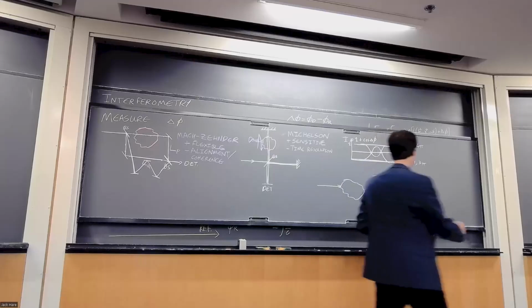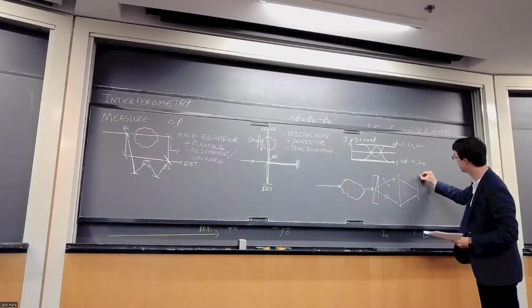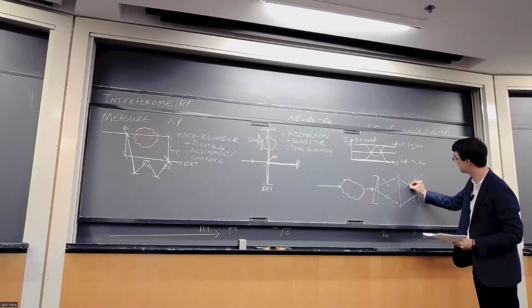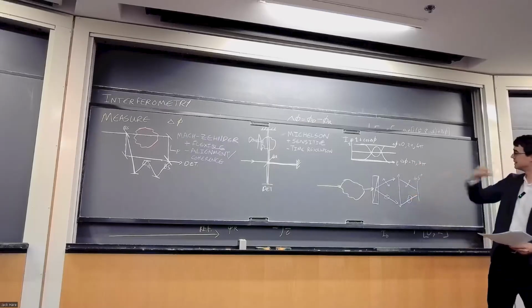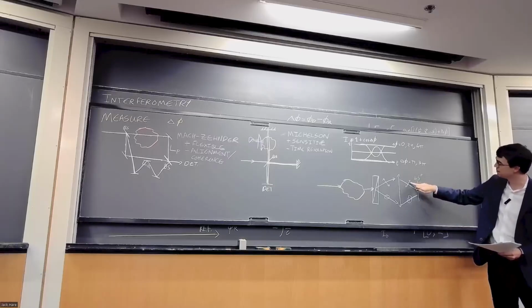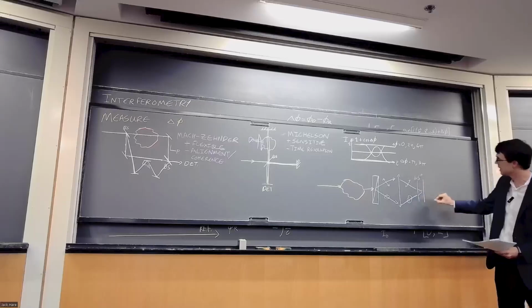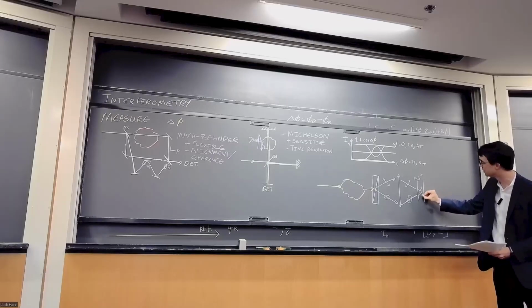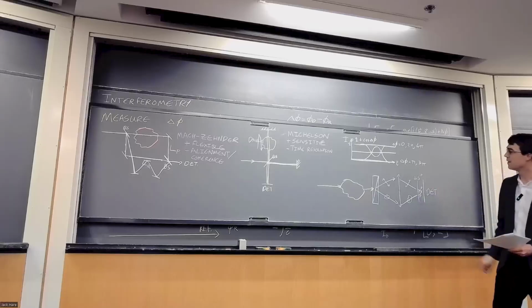But the really clever thing here is you put in a 45-degree polarizer. So again, this beam's coming in polarized in this plane, this beam's coming in polarized out of the plane, but this 45-degree polarizer picks out the 45-degree component of this, the 45-degree component of this. So by the time they hit your detector, they've both got the same polarization. And so then they interfere with each other.